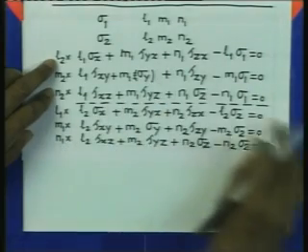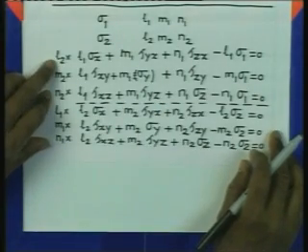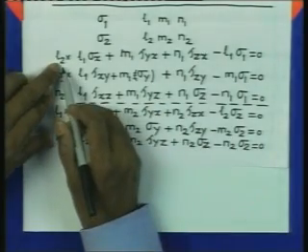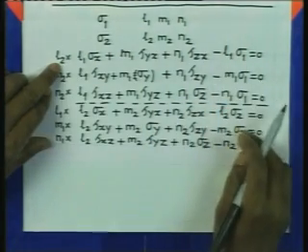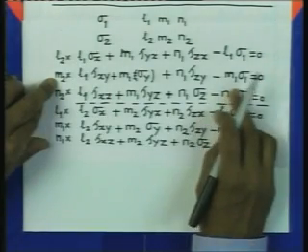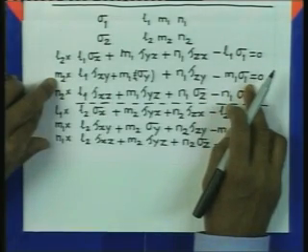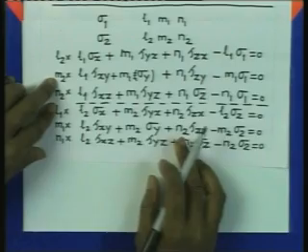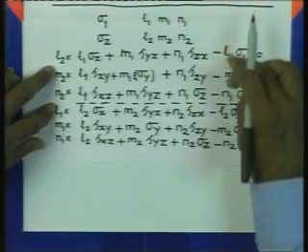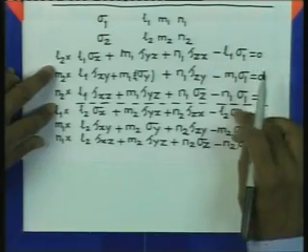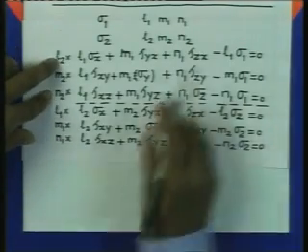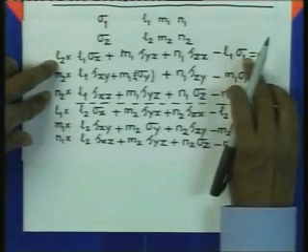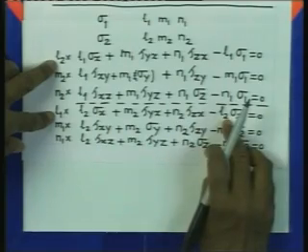So, all these terms are going to cancel. However, you will find that the term that we are going to get, L2 L1 sigma 1, is not going to cancel. So also M2 M1 into sigma 1, they are not going to cancel. So, the terms which are going to come out of this and also of this, they are not going to cancel, and you will find that the term here is L1 L2 sigma 1, here also L1 L2 sigma 2.